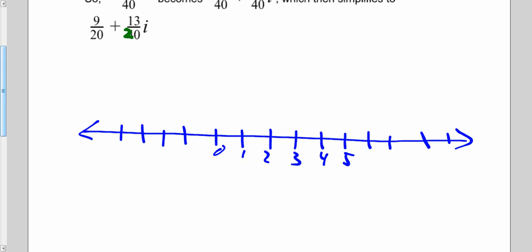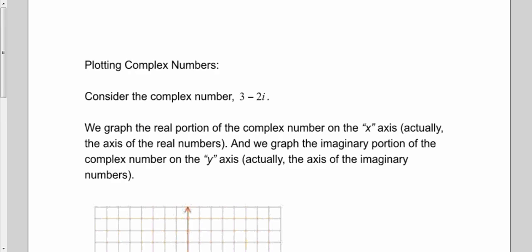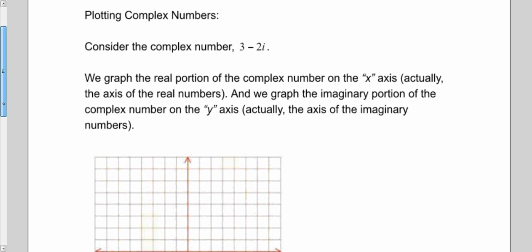If I want to plot 2.8, I just look between 2 and 3 because I know 2.8 is somewhere in there, and I find it, right? How do I plot a complex number? I got two components here, which means I have to plot in two directions or two dimensions.